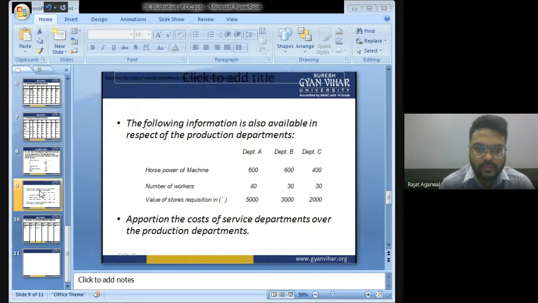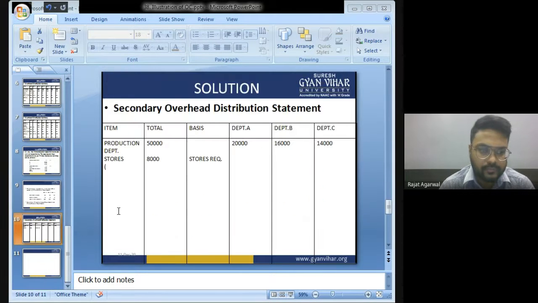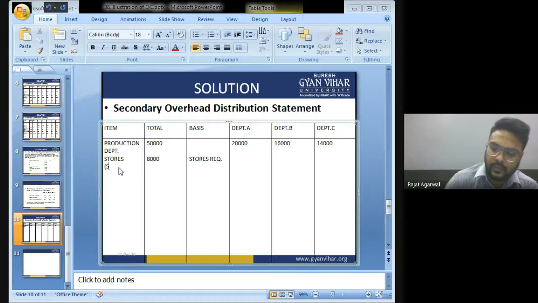What is the ratio of value of stores requisition? 5 is to 3 is to 2.